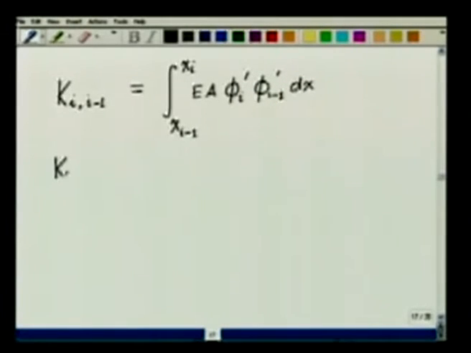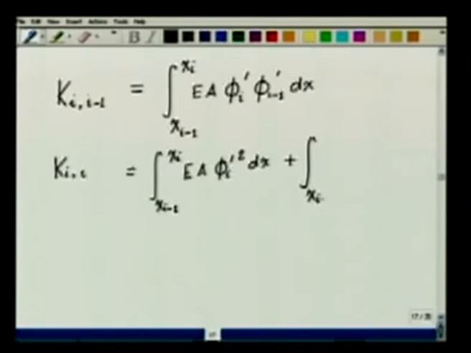Similarly, for the ith equation, the diagonal entry will be given as, since phi i is non-zero in both elements i minus 1 and i, the integral of E a phi i prime squared dx plus the integral from x i to x i plus 1 of E a phi i prime squared dx.